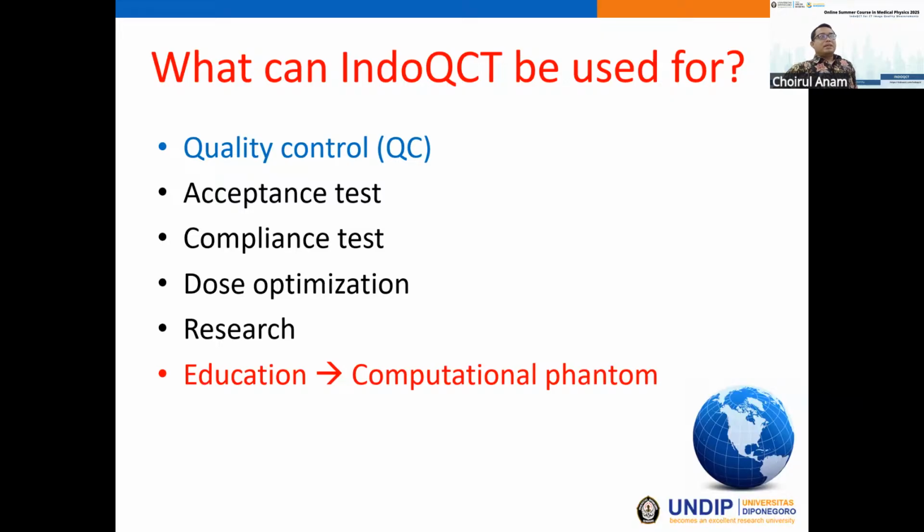And of course, the IndoQCT can be used for research purposes and for education. In the IndoQCT, we can develop the computational phantom. This is very important for education purposes. And in the second session of today's lecture, we will try together to use the computational phantom of the IndoQCT.